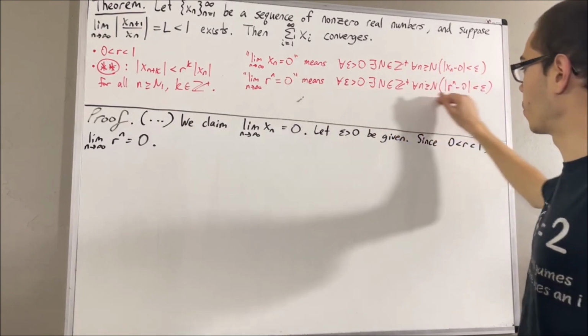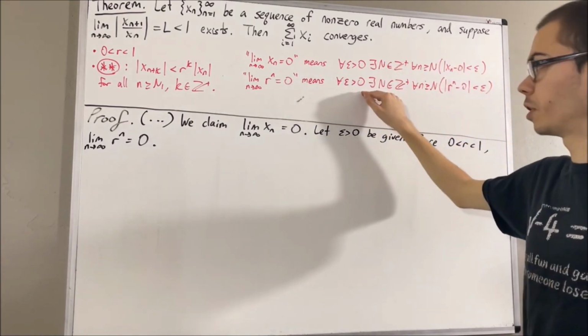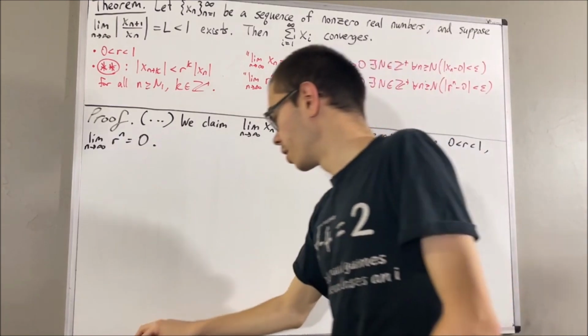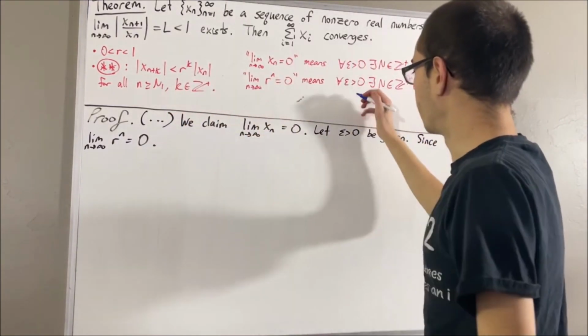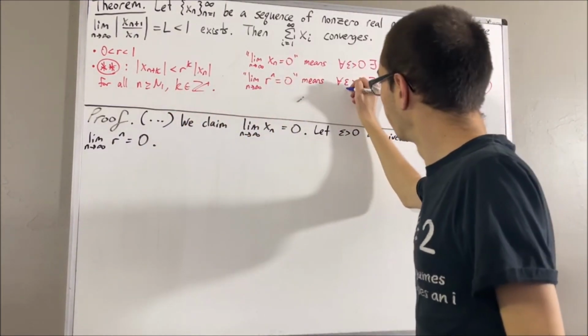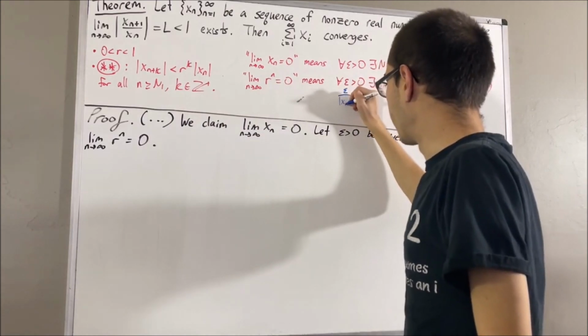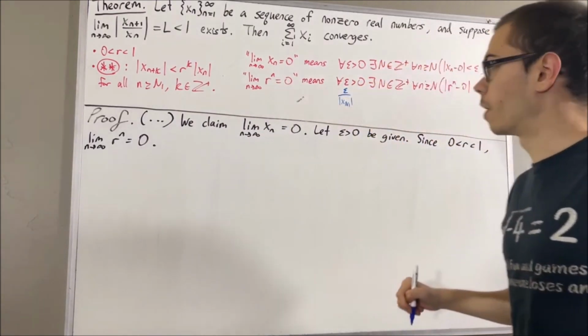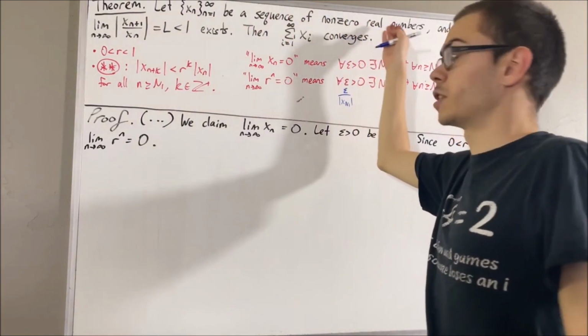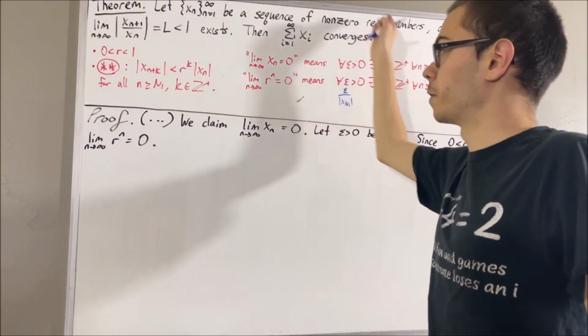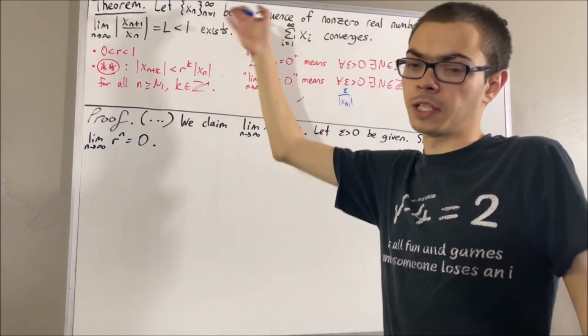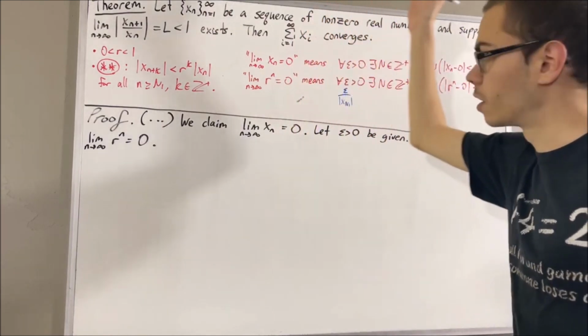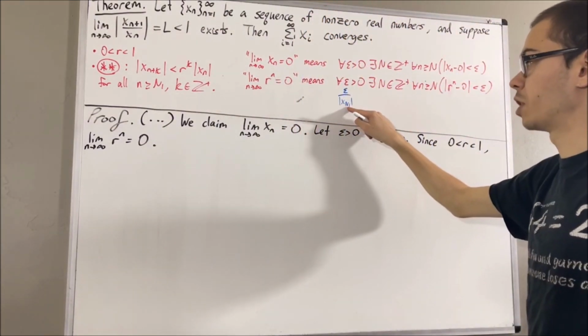Now, this statement works for every positive real number. So in particular, it must work for the positive real number epsilon over the absolute value of x_{N1}. Right? We know that this is a sequence of non-zero real numbers. So if we consider the sequence of absolute values, well, that's a sequence of positive real numbers. But certainly, absolute value of x_{N1} is positive.